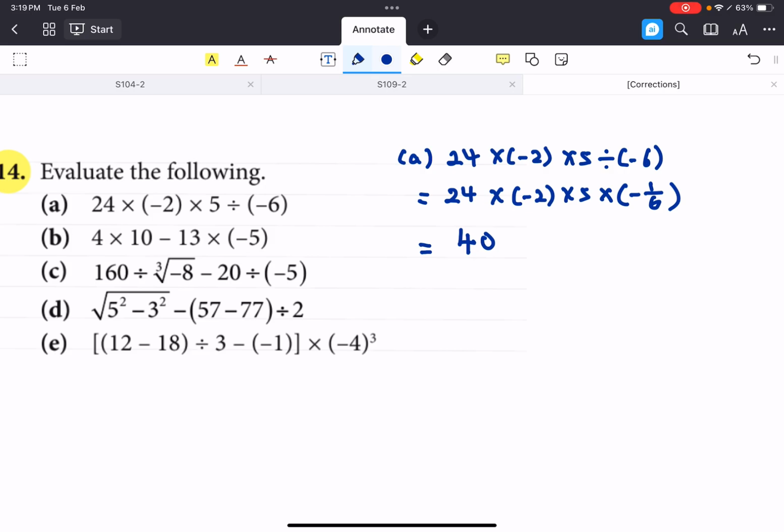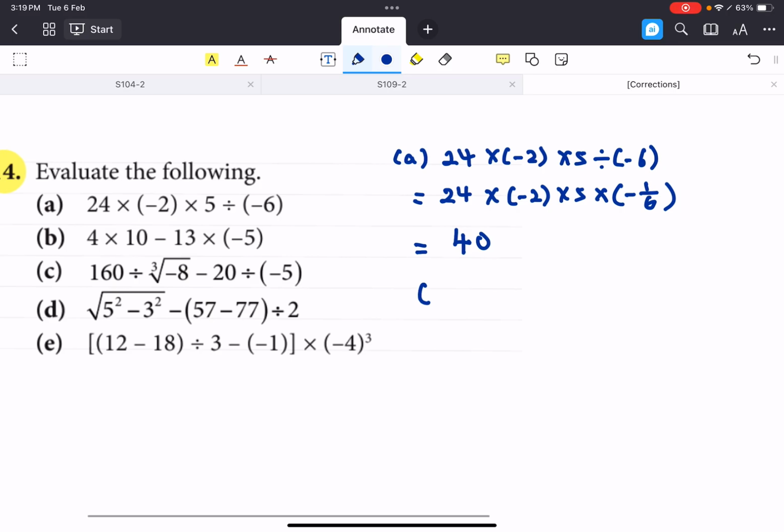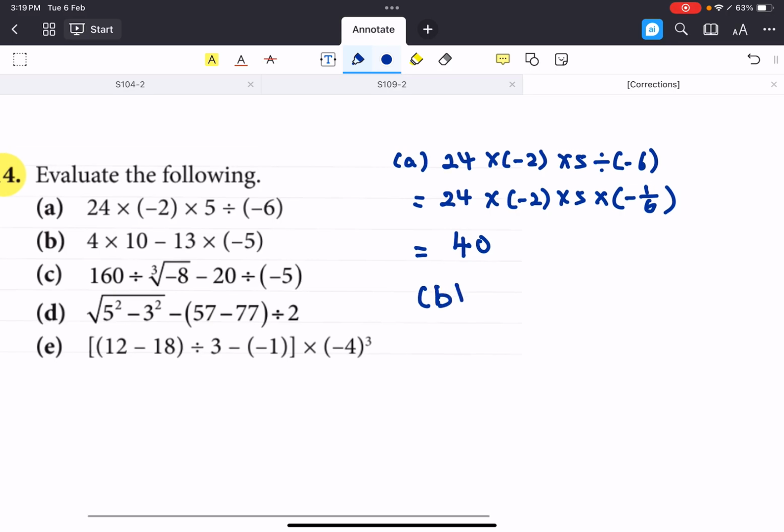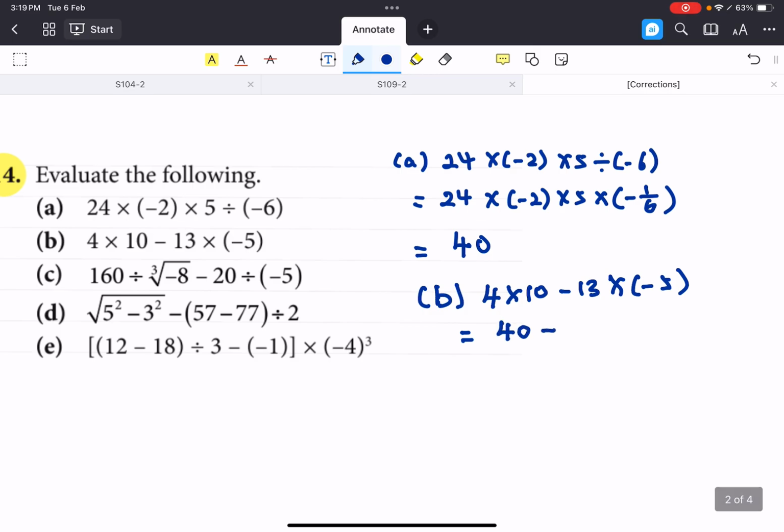Let's do part B. Part B, we have 4 times 10 minus 13 times negative 5. What this question is testing is that we do multiplication first before we embark on our subtraction.